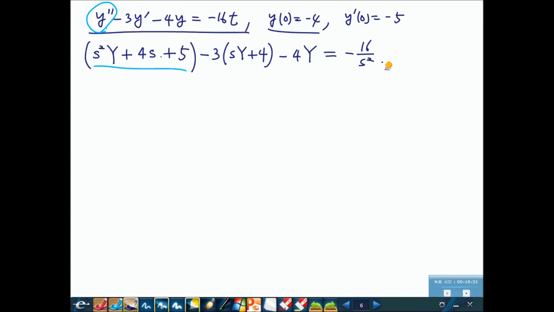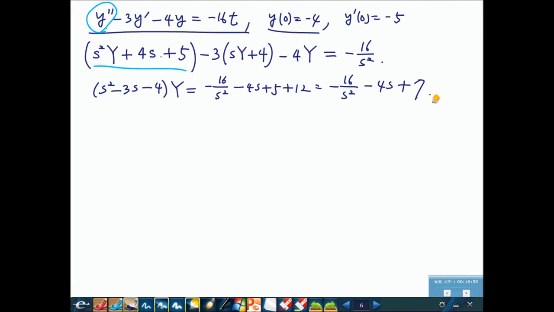All right. So now, all you need to do is factor the Y's out. Okay, so s square minus 3s minus 4 times big Y, and you're moving all the number terms to the right hand side. s square minus 4s plus 5 plus 12. So it's minus 16 over s square minus 4s plus 7. Okay? And you divide by this term on both sides.